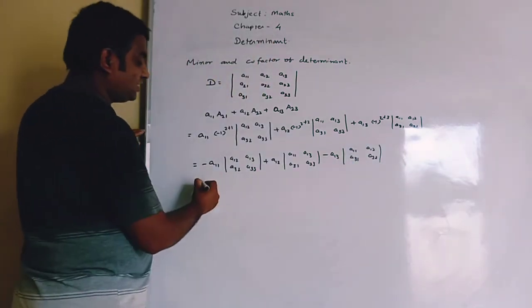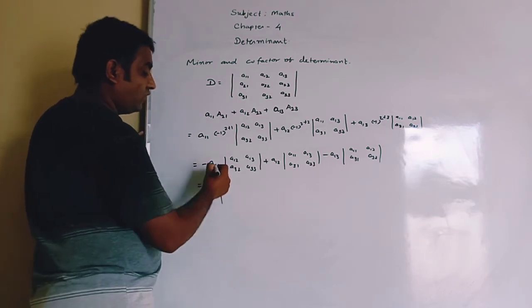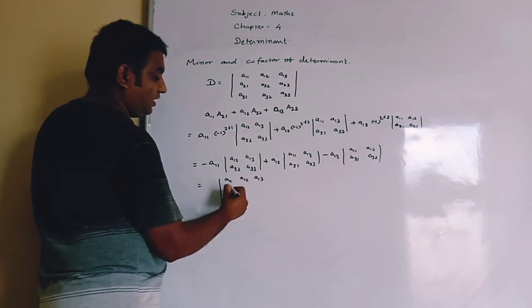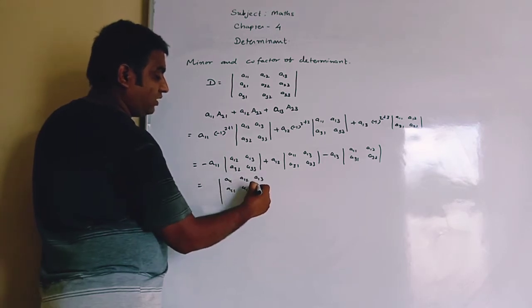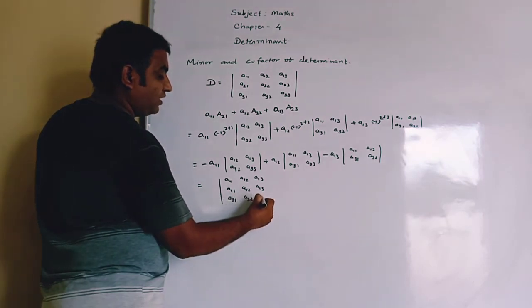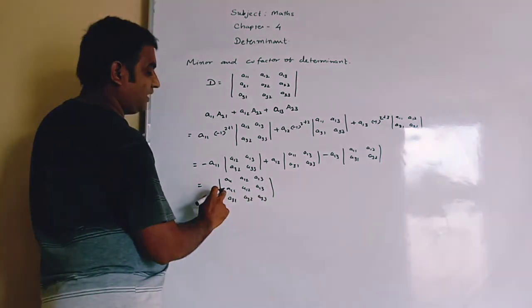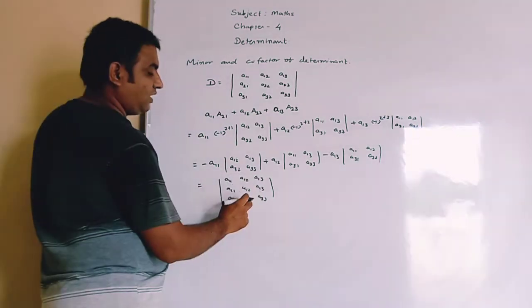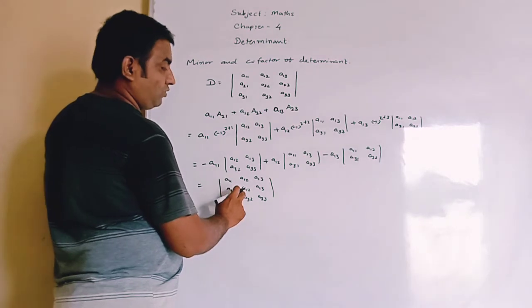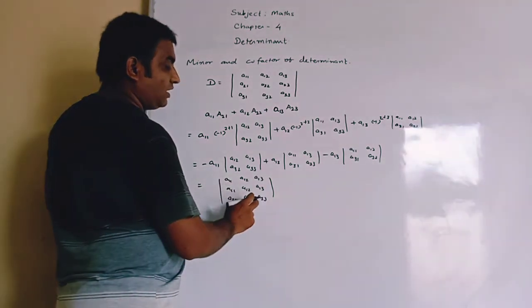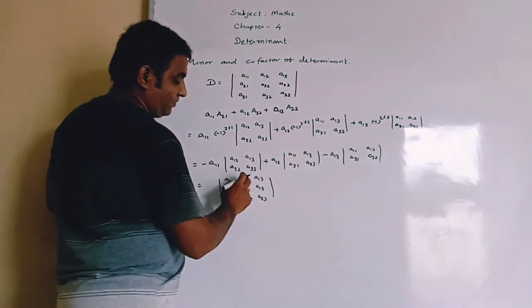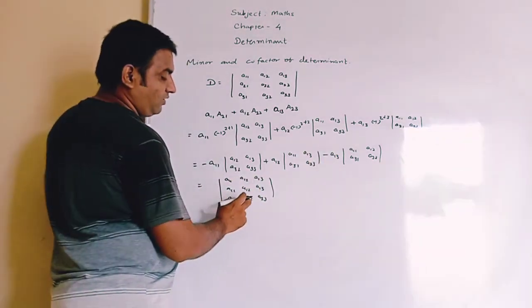This can be considered as the expansion of the determinant with rows a11, a12, a13, a11, a12, a13, a31, a32, a33.